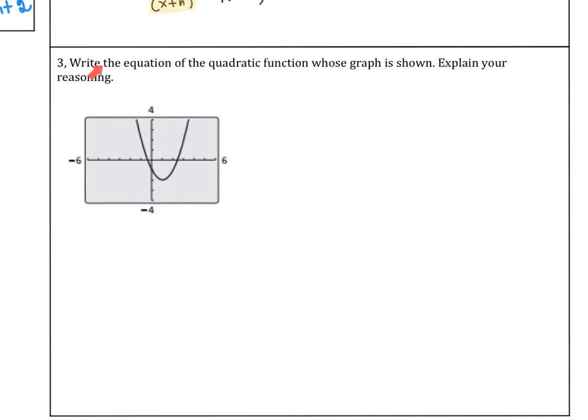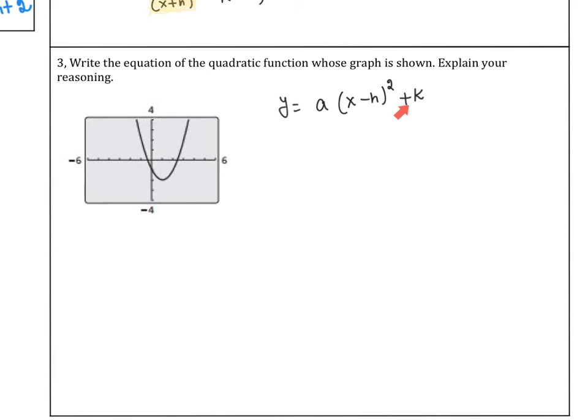For number 3, write the equation of the quadratic function whose graph is shown here. Explain your reasoning. Our standard form of the equation for a quadratic function is y equals a times (x minus h) squared plus k. So what we need to do is find a, h, and k.